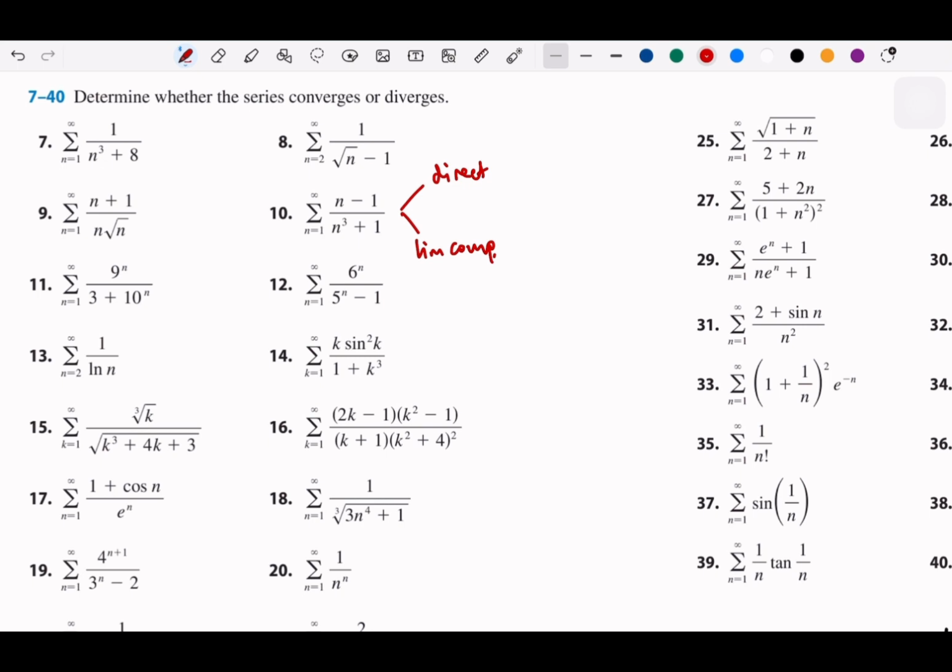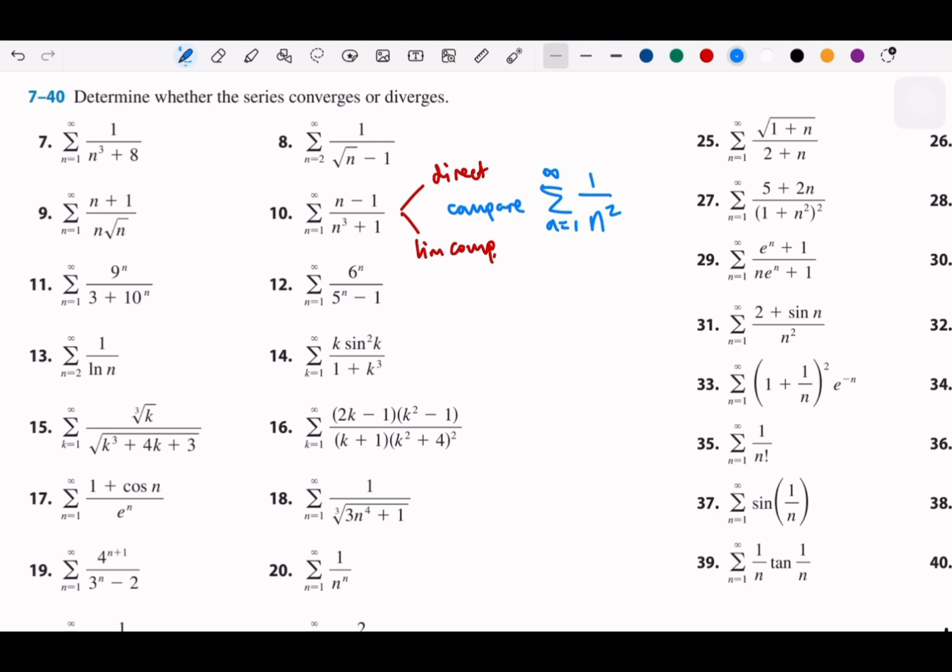But basically, what we can compare with is 1 over n squared, right?